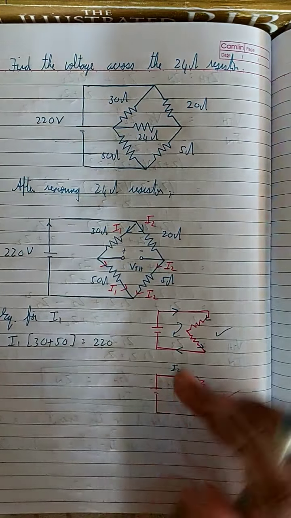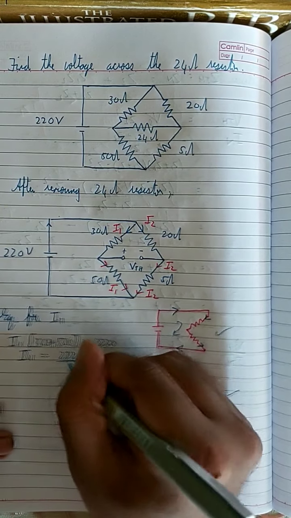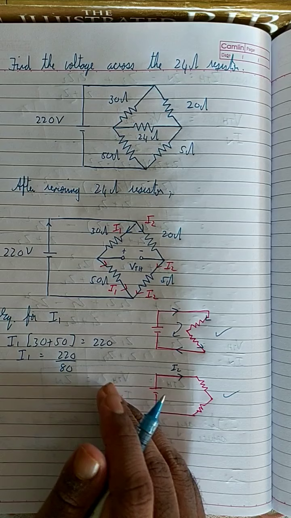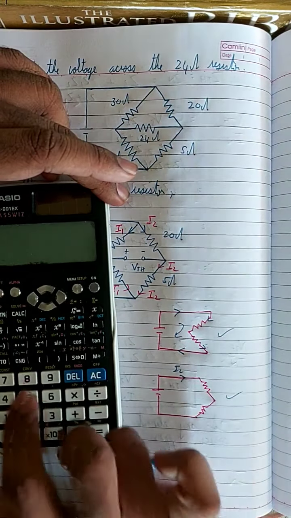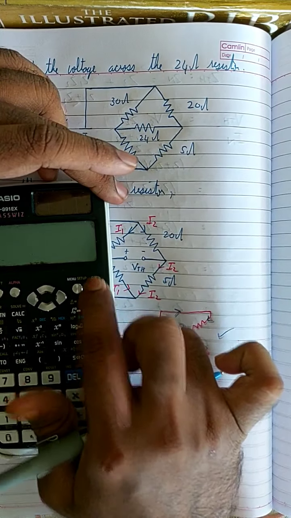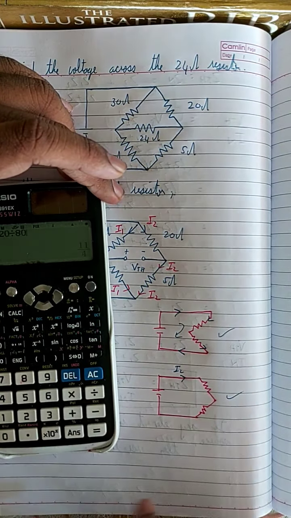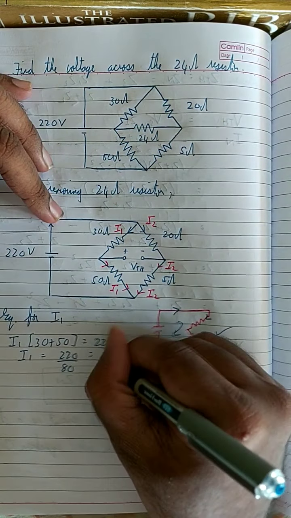That's why it is plus 220. So we have I1 is equal to 220 by 30 plus 50, which is 80. I1 is equal to 2.75 amperes.